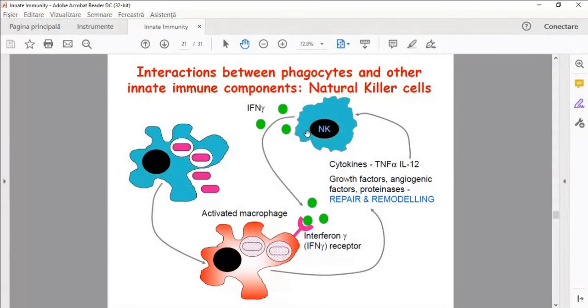But after destruction of tissue infected cells, we need to repair the tissue, and as a result of activation of these cells, some growth factors, angiogenetic factors, and proteinases will also be released, able to repair and to remodel the infected tissue.